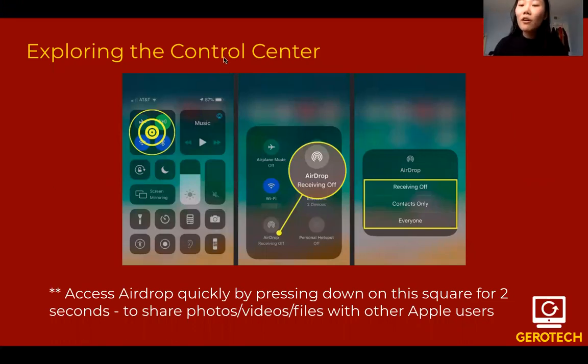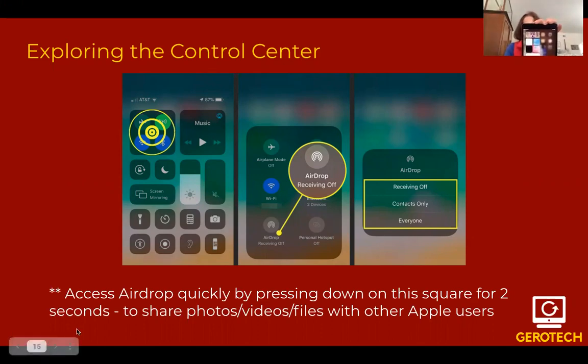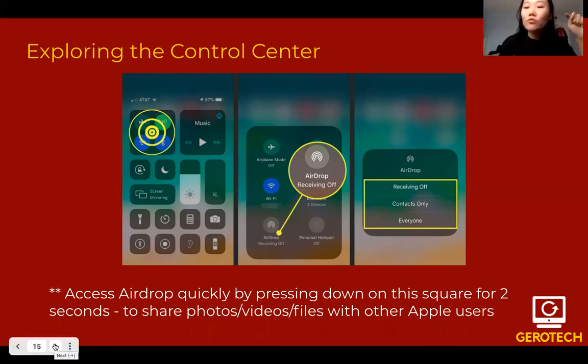Okay. Do you have a home button? Yes, at the bottom. Okay, so you're going to swipe up from the bottom of your screen. And this is what I get. Okay, try it one more time. Okay.